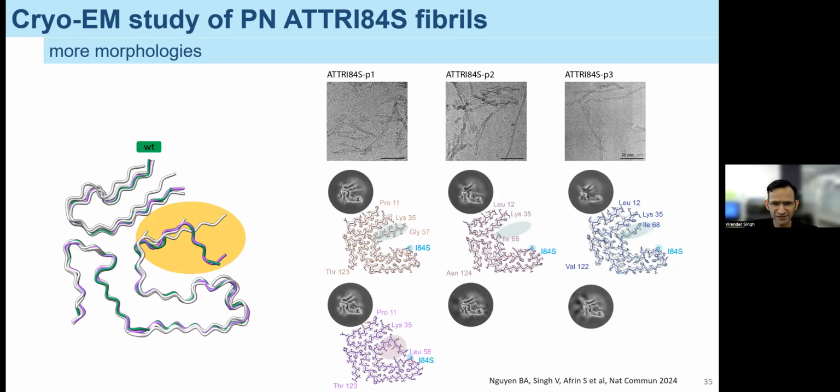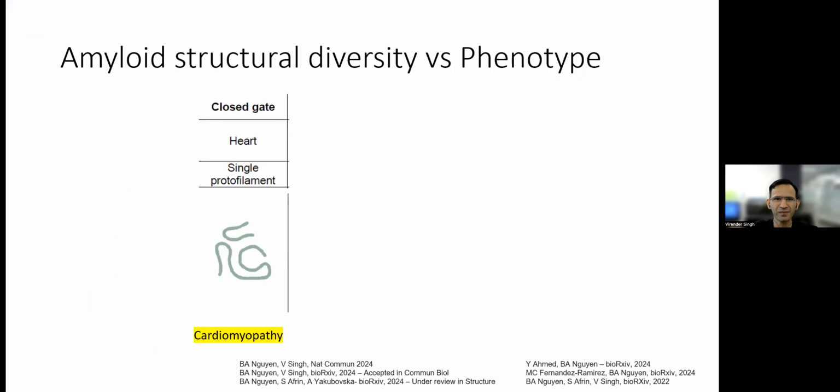So as I showed earlier, this is the mostly affected region which we observed in the case of ATTR I84S. Based on the structural diversity we have observed till now, in most of the cases with cardiomyopathy we observed a consistent closed gate conformation, as I mentioned.